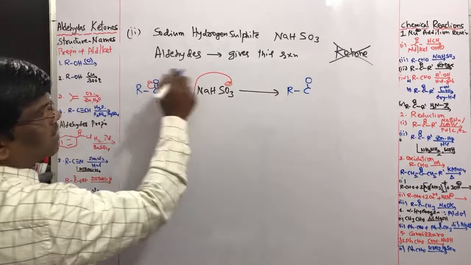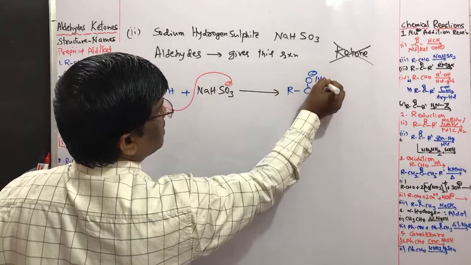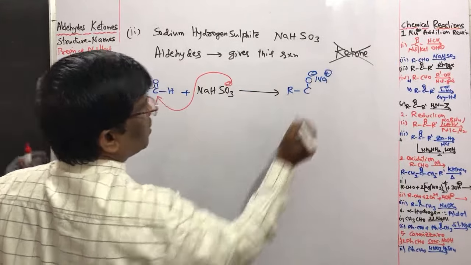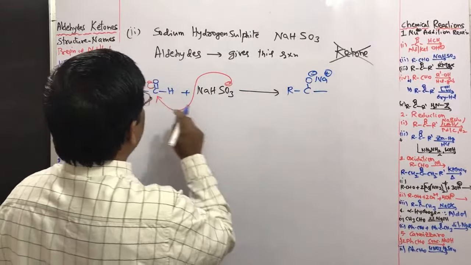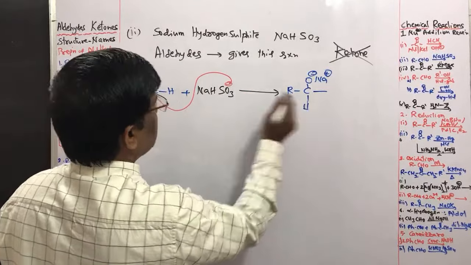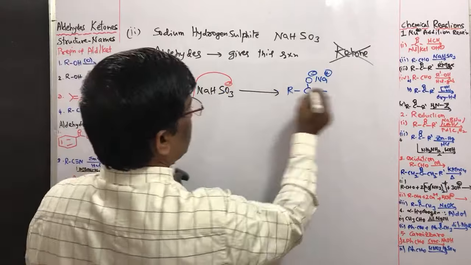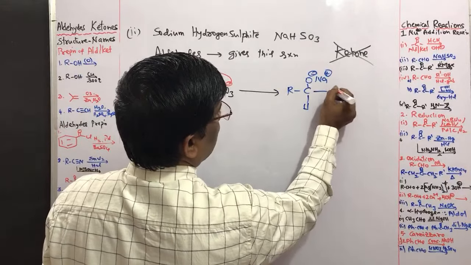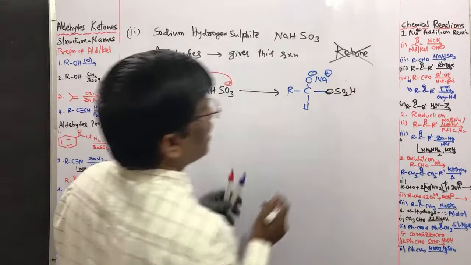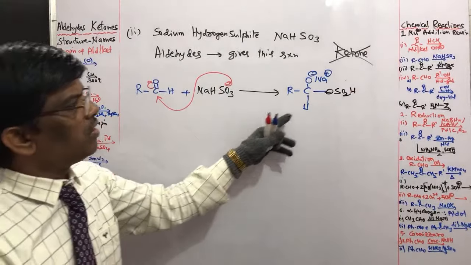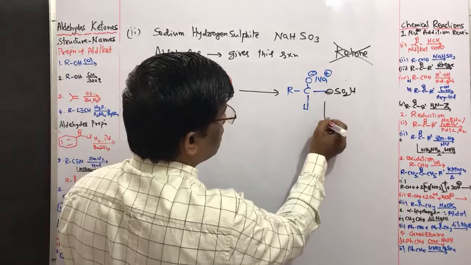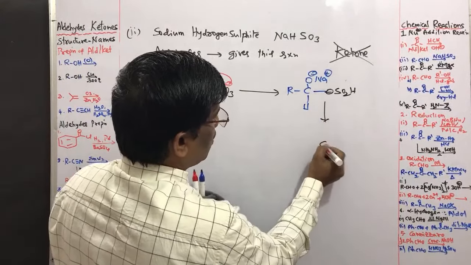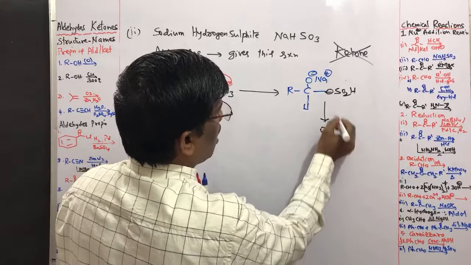O minus, and sodium is there in the reaction mixture. It is going to form this sodium salt, oxygen, and remaining hydrogen is here. This is sulfonate, which is oxygen. So this is how it is going to form the intermediate. This takes up sodium salt to give O trans sodium.